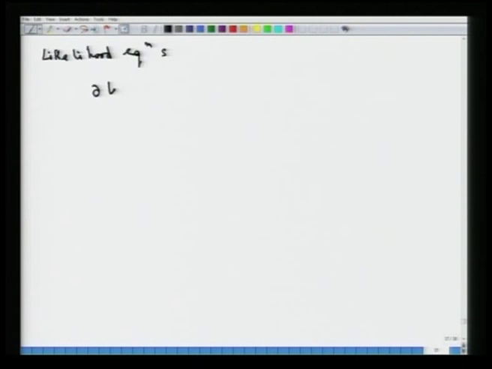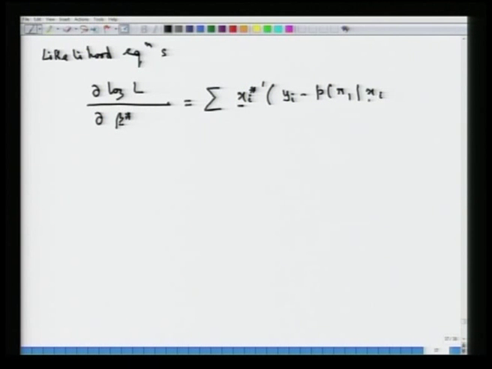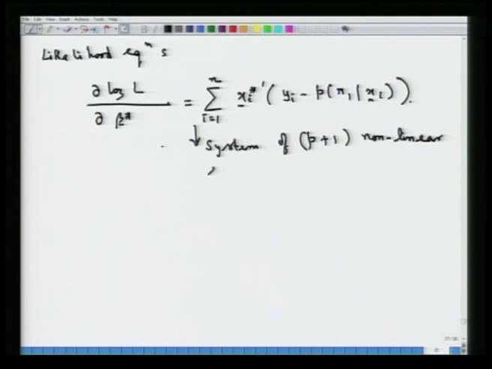We can write that compactly in the following form: del log L with respect to this β* vector is equal to the summation over i equal to 1 up to n of x_i* transpose times (y_i minus p(π=1 | x_i)). Now, this is a system of p plus 1 nonlinear equations, and of course, no closed form solution exists for such a system.